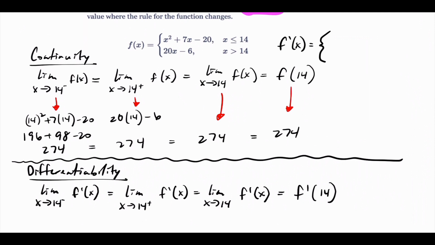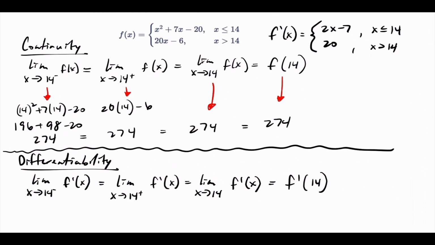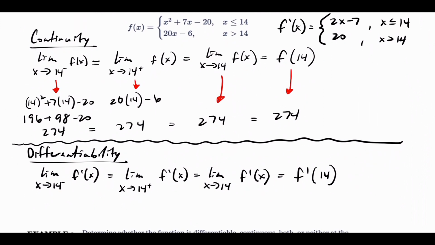You find the derivative of the two pieces. So the derivative of the top would be 2x minus 7 when x is less than or equal to 14, and the bottom one would just be 20 when x is greater than 14. And then you plug it in.